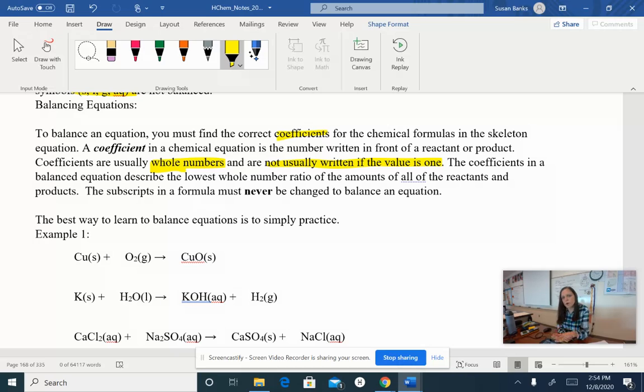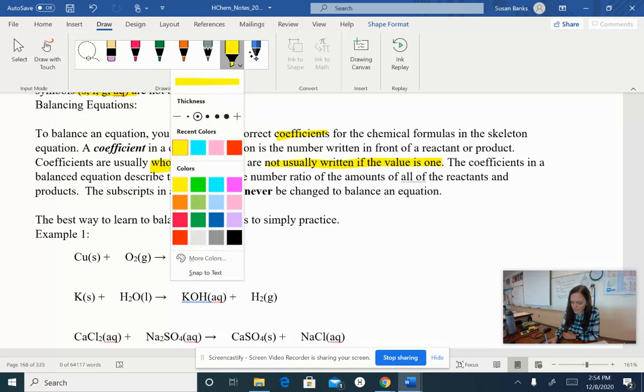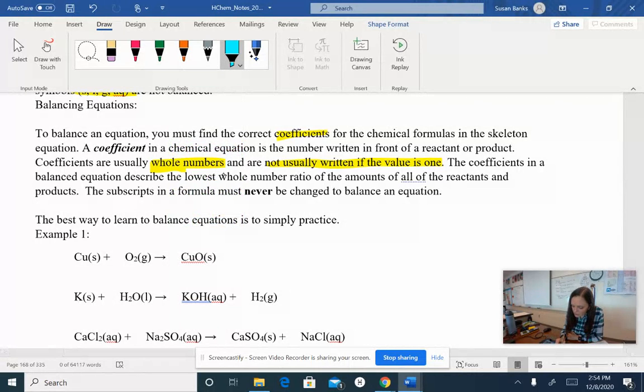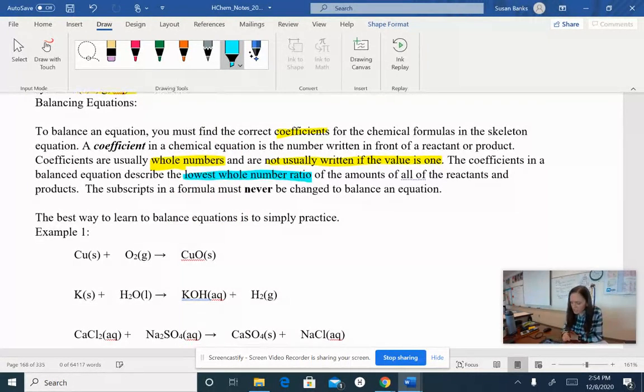So if you just have 1, the 1 is implied, okay? The coefficients in a balanced equation describe the lowest, and I can't emphasize this enough, it is the lowest whole number ratio of the amounts of all the reactants and products, okay?